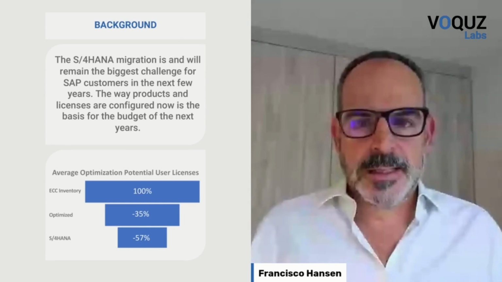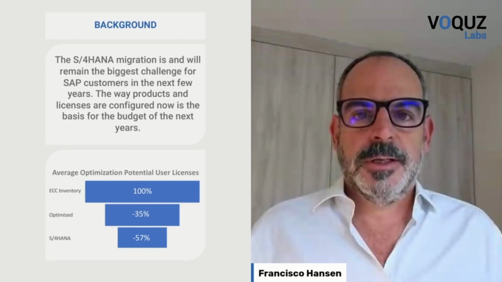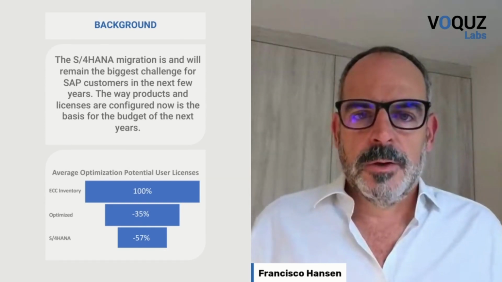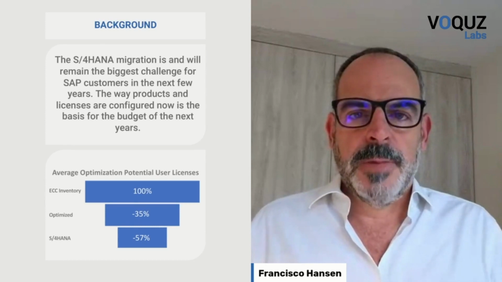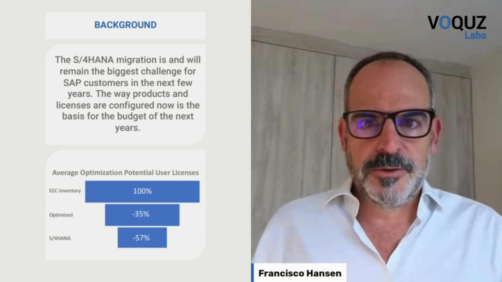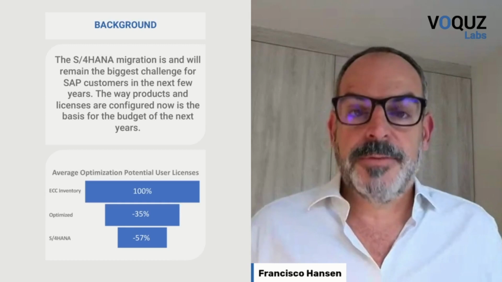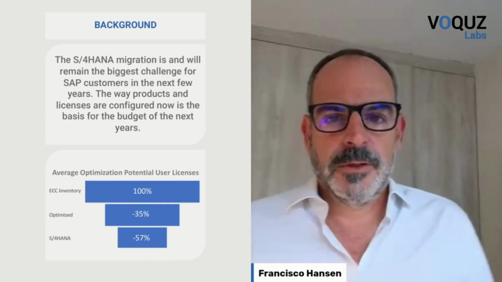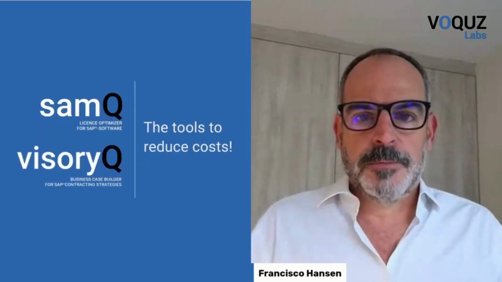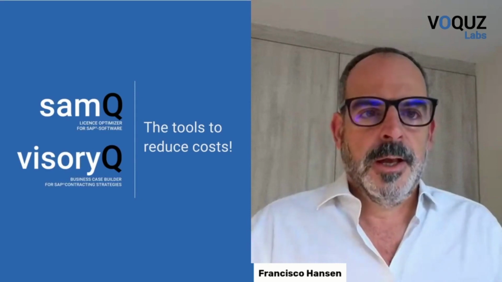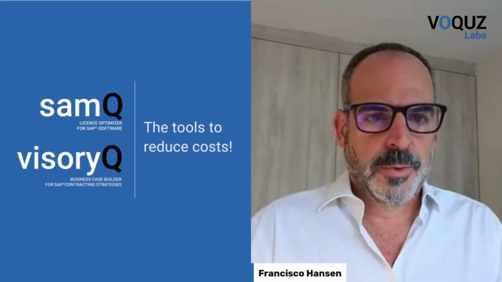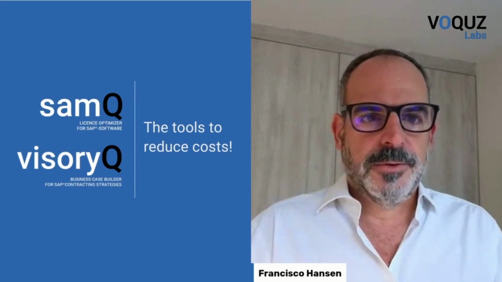When you move to S4HANA, the optimization potential increases even more because SAP has given many of the user types in S4HANA additional use rights, and this will help you to even lower the costs if you do it appropriately and prepare as you should, analyzing the activity of the users.